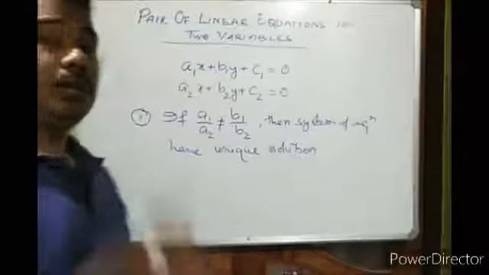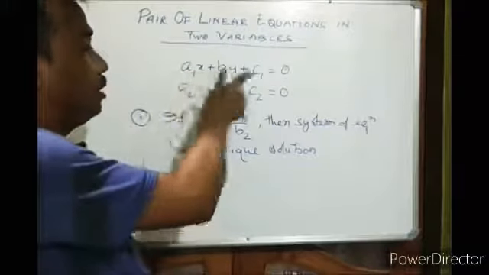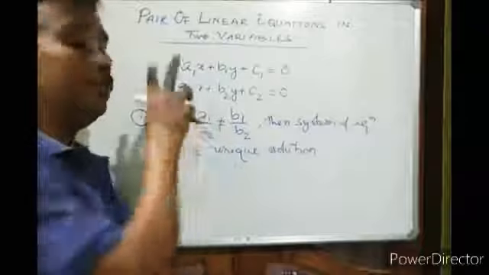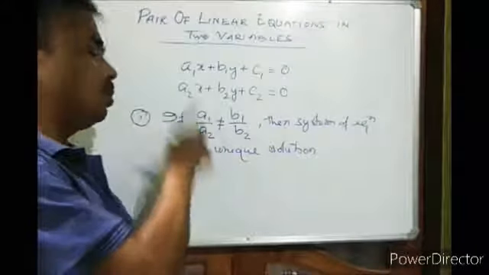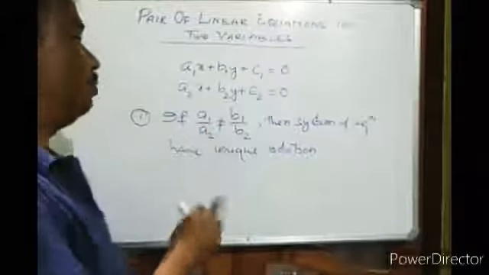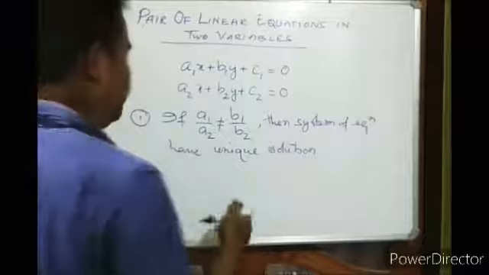That means we will get a pair of linear equations with a unique solution if a1 by a2 is not equal to b1 by b2. With the help of an example, I will explain later.